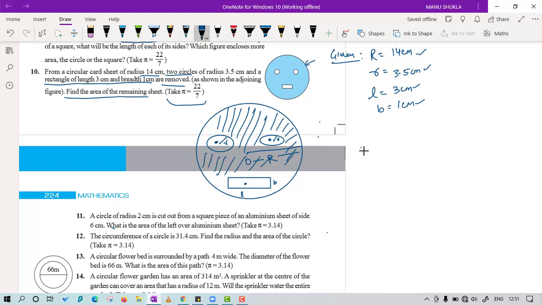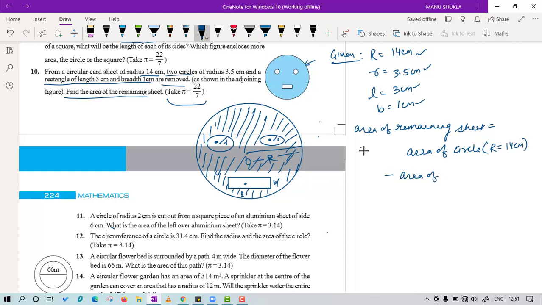That's very simple. We can find all these areas separately and then subtract them from the main figure. So we have to find the area of the remaining sheet, which is given by the area of the circle where r is equal to 14 centimeter, minus the area of the circle with radius equal to 3.5 centimeter.